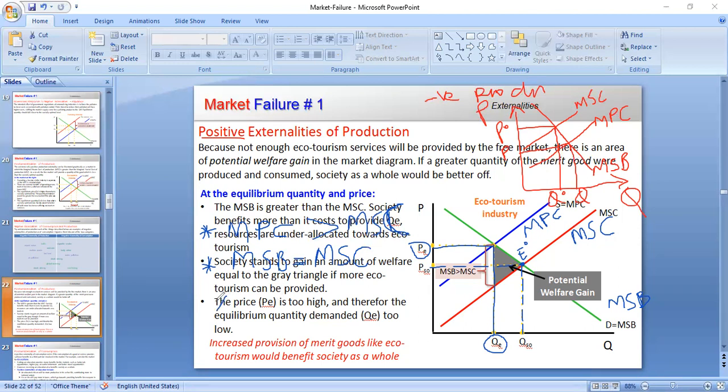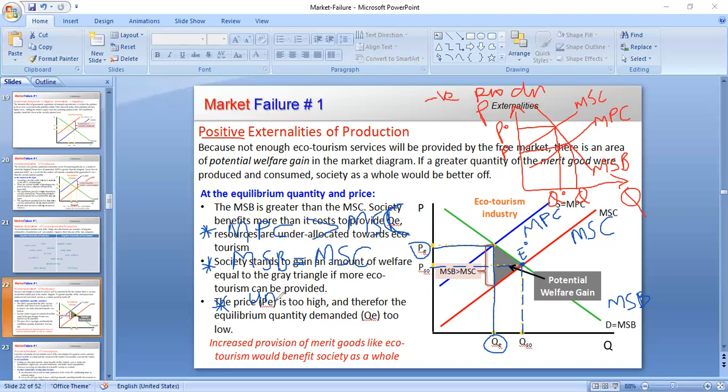Number 3, for positive externality of production, what we have to note is that positive externalities are always undersupplied in the market.